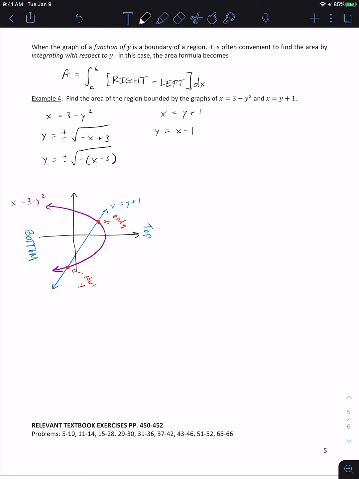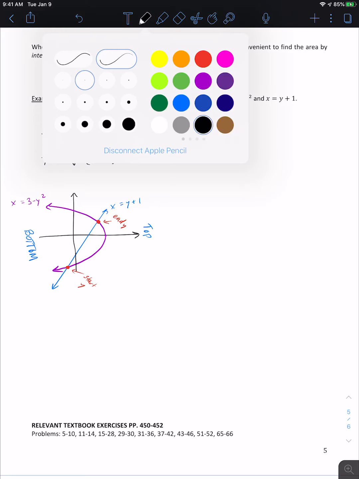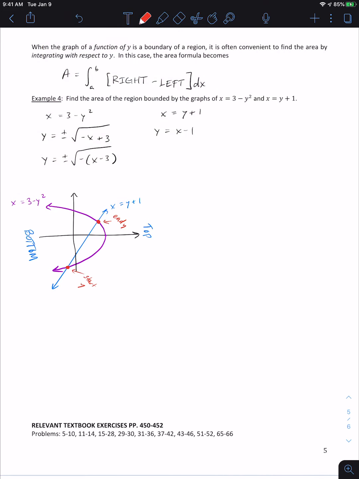Okay, so we need to find those intersection points. And again, we want to find them in terms of y. We're going to leave everything in terms of y here. So I need to find those points of intersection in terms of y. So I set 3 minus y squared equal to y plus 1. So add y squared minus 3.